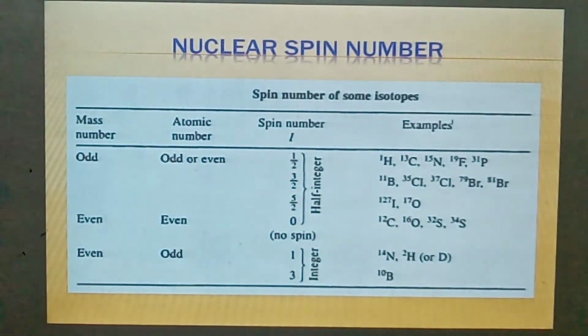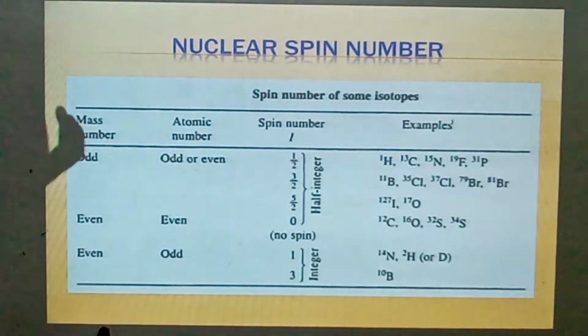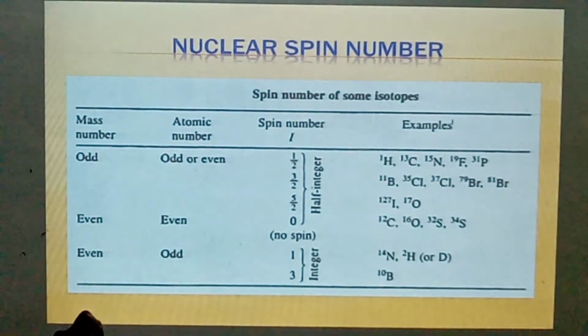Only those isotopes are active in the magnetic field, so that we can gather information about the proton environment of an organic compound and carbon skeleton information from C13 spectroscopy.